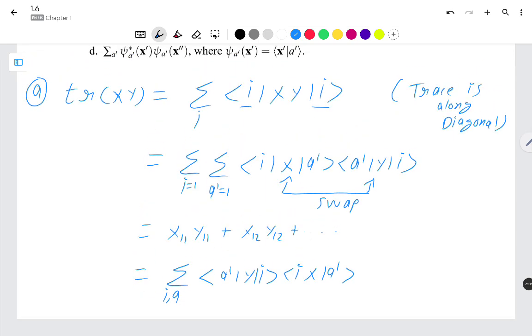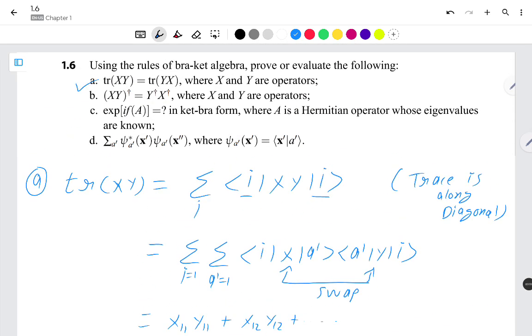This completeness can be resolved, and the sum will not be there anymore, it will be only a prime. This is now yx, which is basically trace of yx. So we proved the first part.